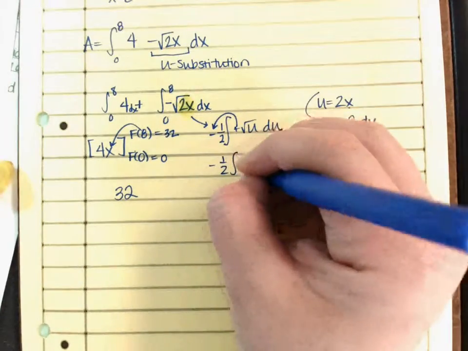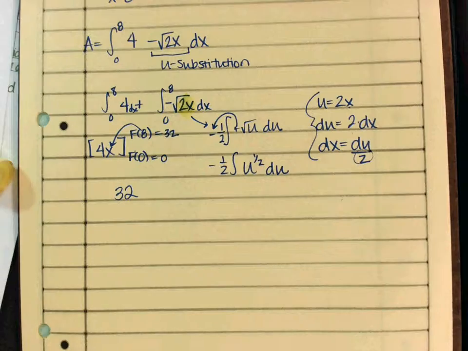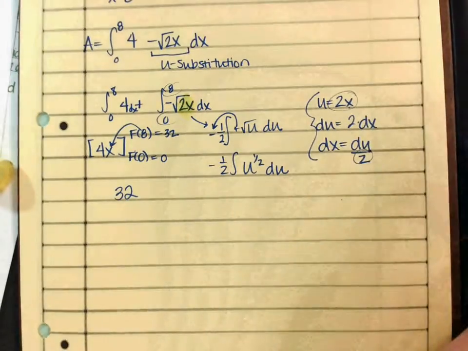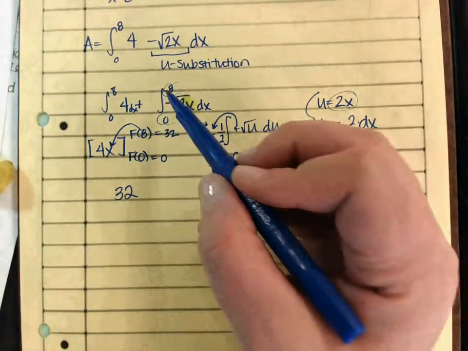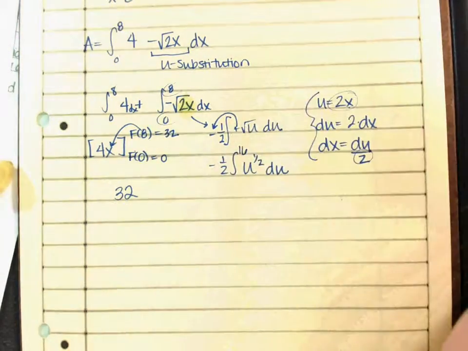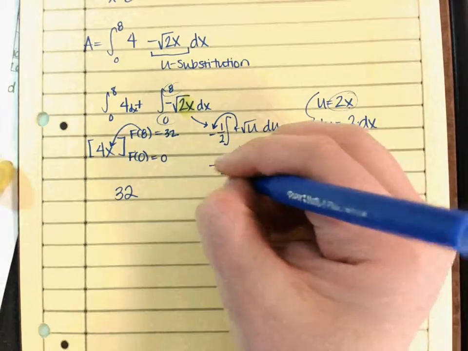I can't leave my u under a square root, so I'm going to change it to a 1/2 power. And then the other thing, hopefully you remember, is that these endpoints have to be plugged into your 2x. So if this is an 8, I plug in 8 to 2x, my upper bound is now a 16. This was a 0, plug into 2x, it stays a 0.